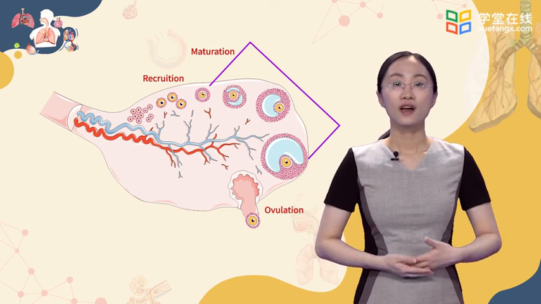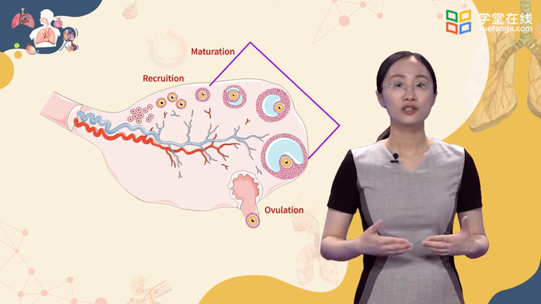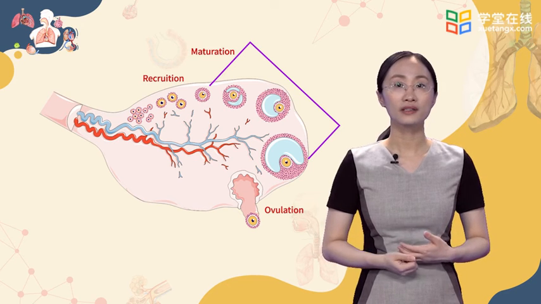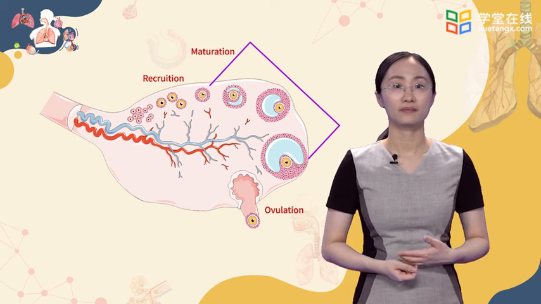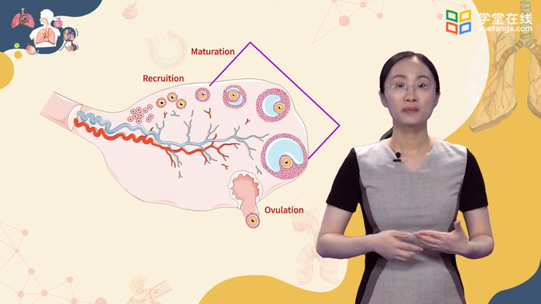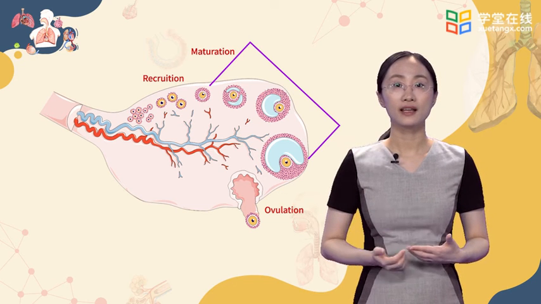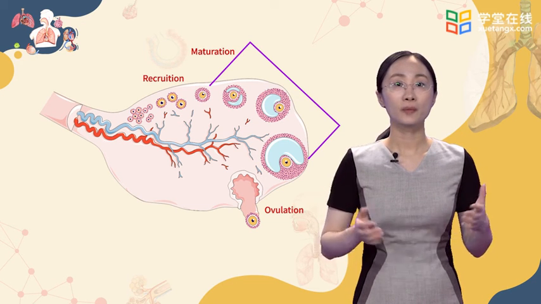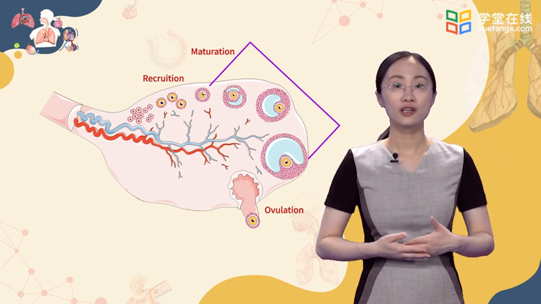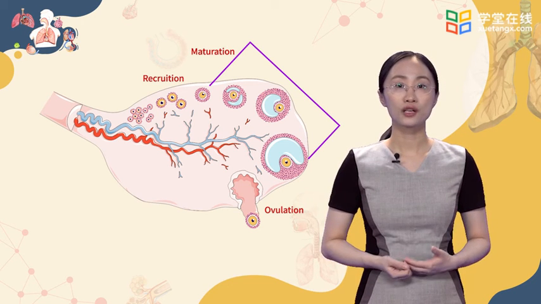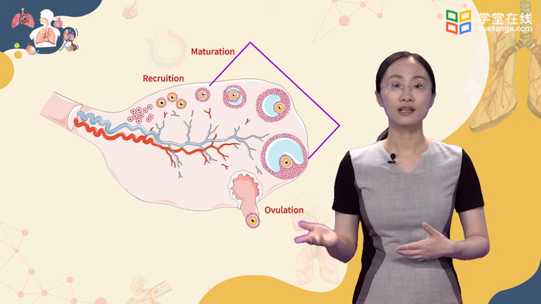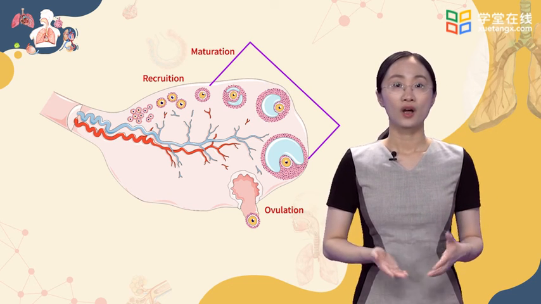Before ovulation, the mature follicle reaches a mean diameter of about 18 to 25 millimeters. The LH surge, which is induced by a significantly increased level of estrogen via positive feedback that we have talked about, initiates a sequence of structural and biochemical changes resulting in ovulation.